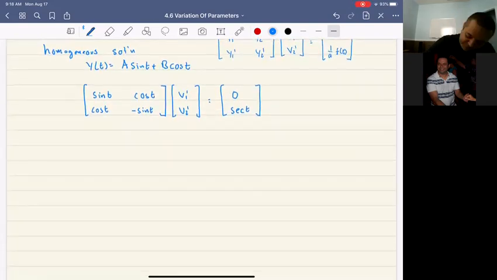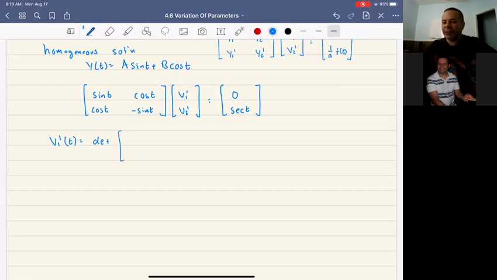v1 prime, let's write it as a function of t, equals the determinant of, remember, we're going to replace that first column by 0, secant of t.